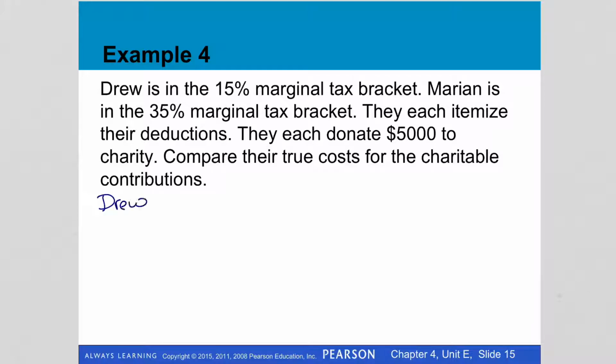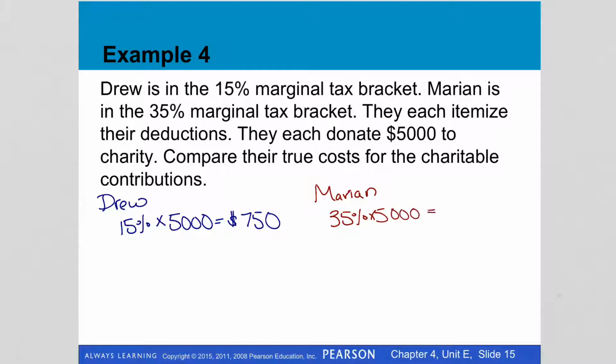So Drew will save 15% of the $5,000, or $750. Marion will save 35% of the $5,000, or $1,750.